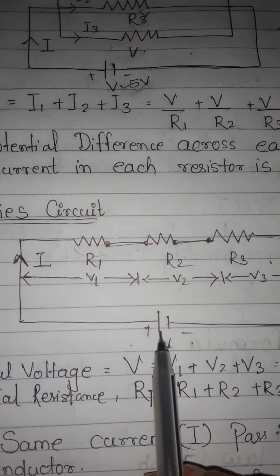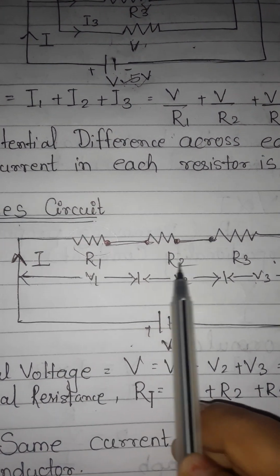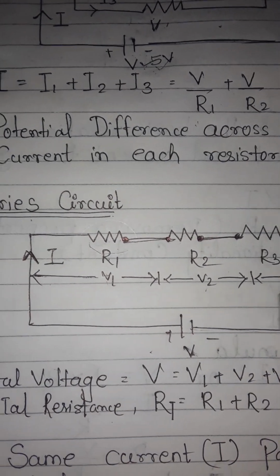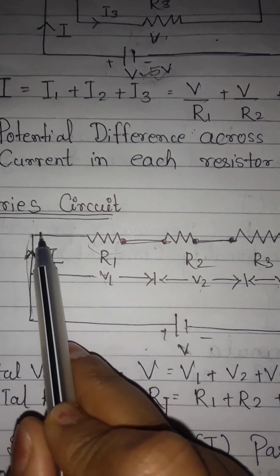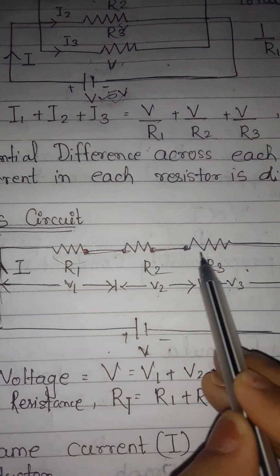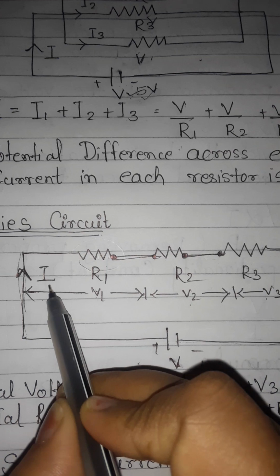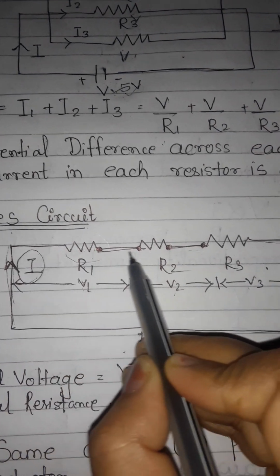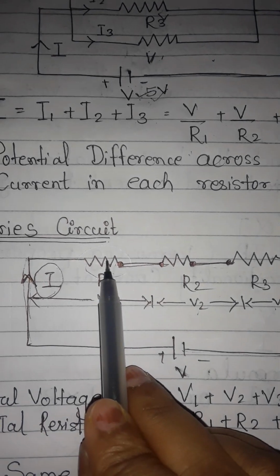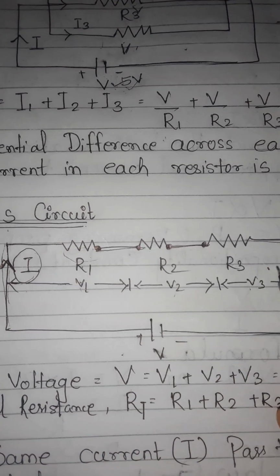It means the voltage across each resistor in the series connection is different, but as it is a series connection, the current is flowing through all the resistors and the same amount of current will flow through all the resistors, but the voltage will be divided according to the resistors.